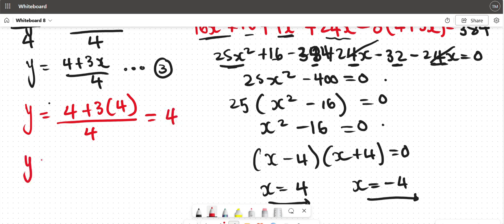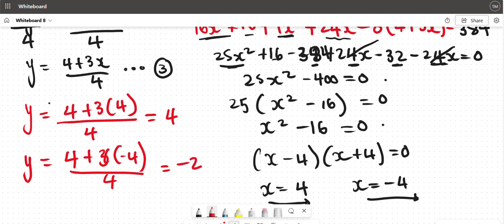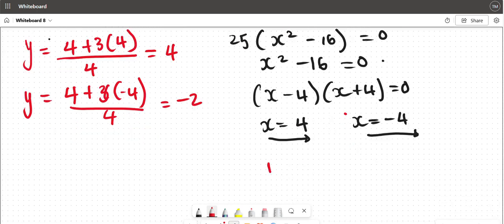Then if I do it for the second guy, 4 plus a 3, negative 4 in brackets, all divided by 4, and if I plug this guy in, I get a negative 2. So what are these values that I'm getting? I'm getting a y is equal to 4 for these values that are corresponding. Let me just write it quite neatly. Y is a 4 for this ones, and for this one, y is a negative 2.